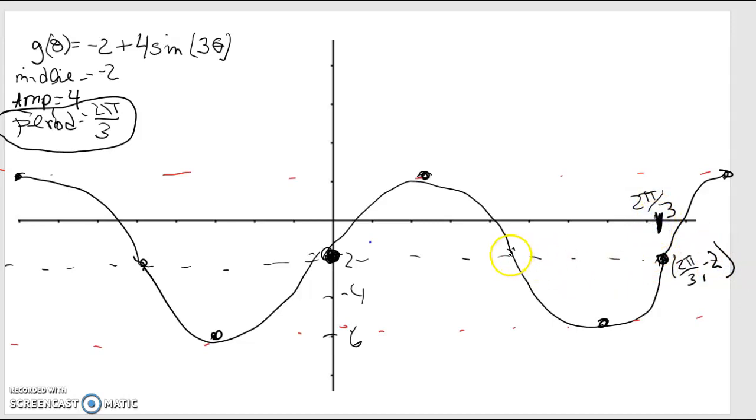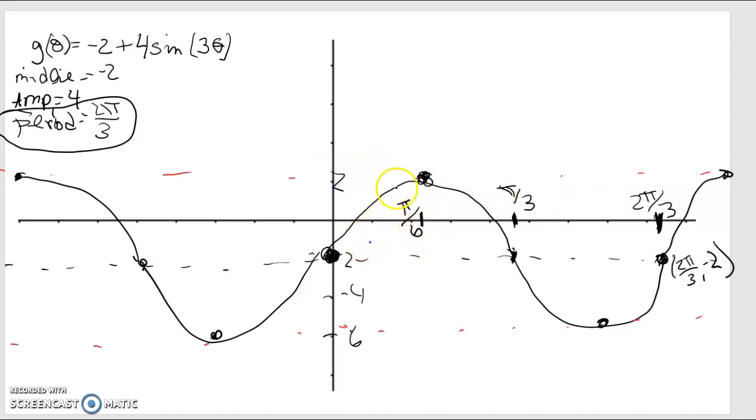That means when I'm halfway through my period, this spot on my x-axis is half of 2 pi over 3, which is pi over 3. When I get to my max or my min, that means I've gone a quarter of a period. So either a quarter of 2 pi over 3, or again, half of pi over 3, right here must be pi over 6.